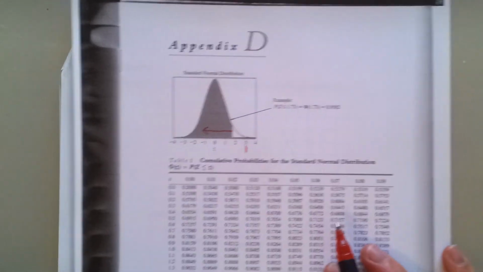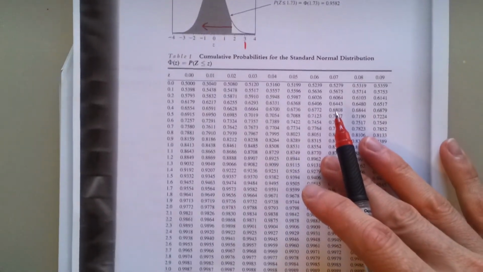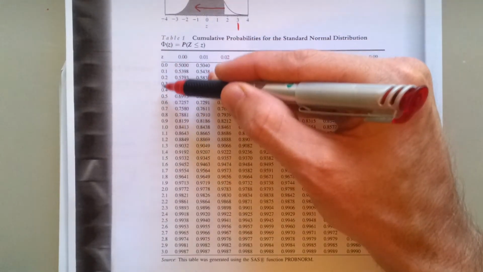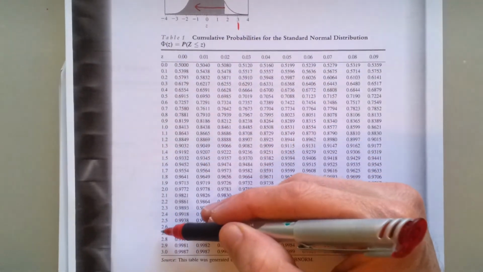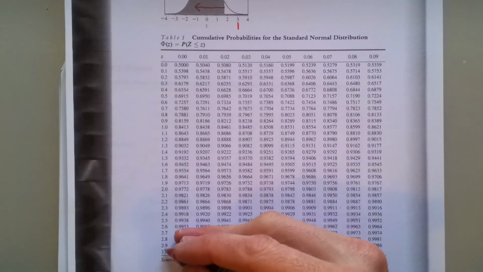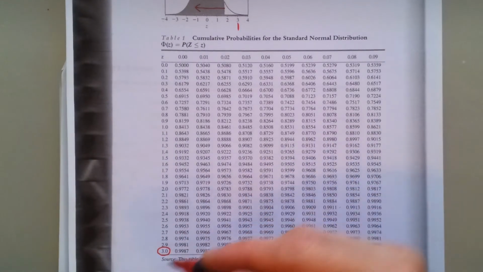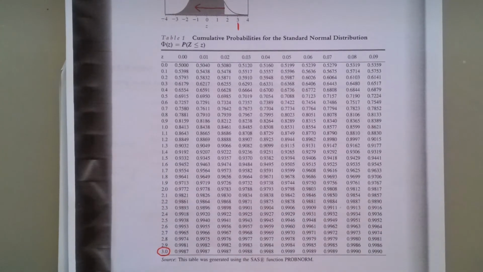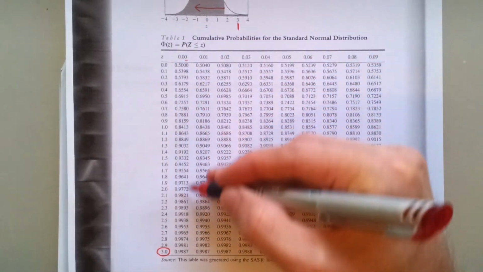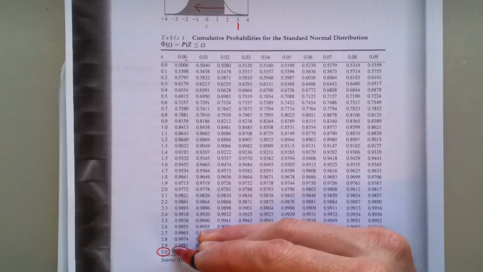And when I look at this table down here, I'll look down this column for the first 2 digits of my z value. There's 3.0 down there. And in fact, I want to know what the probability is of getting less than 3.00. So there it is.